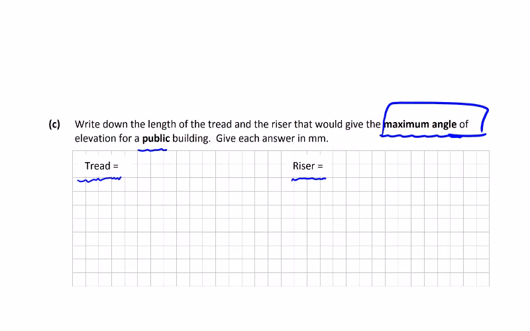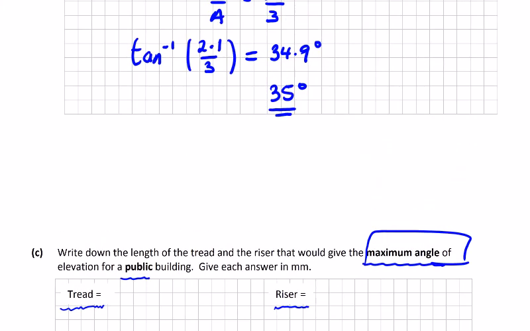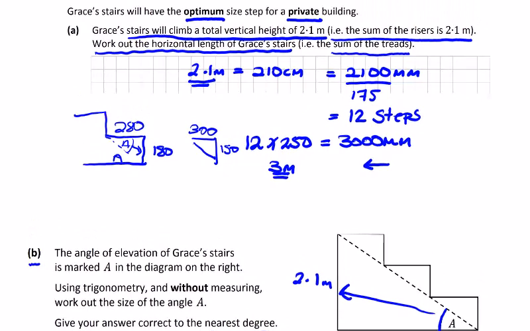So actually we would work them out here. Let's work these two angles out. We have the 180, go back up and work them out up here. We have the inverse tan of 180 over 280, or the inverse tan of 150 over 300.